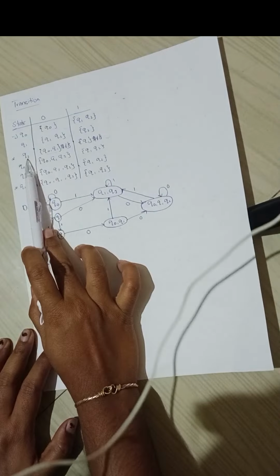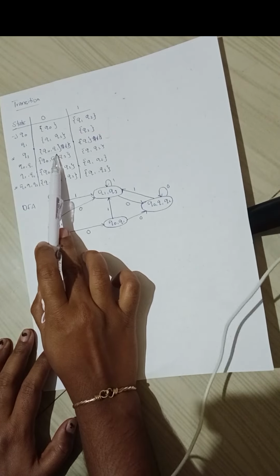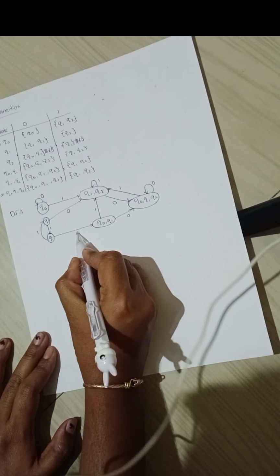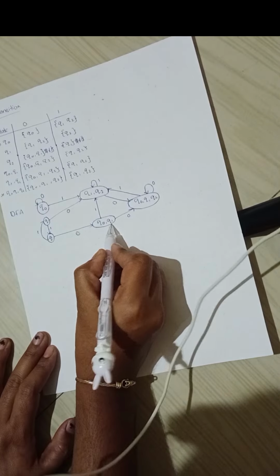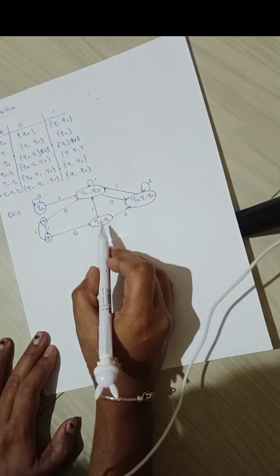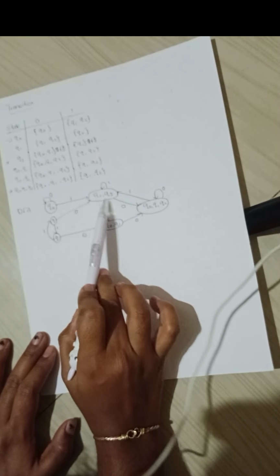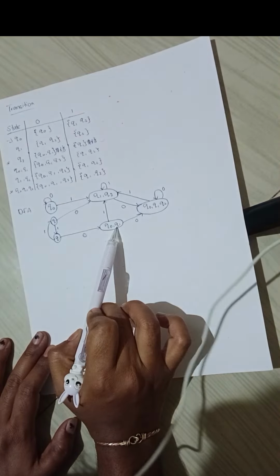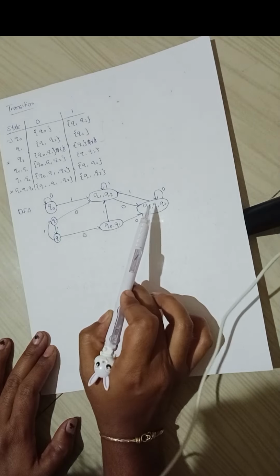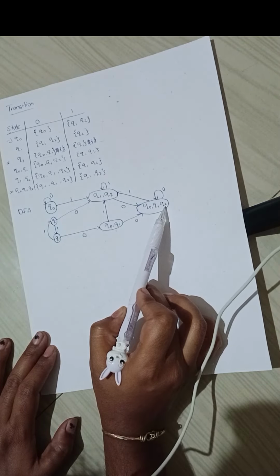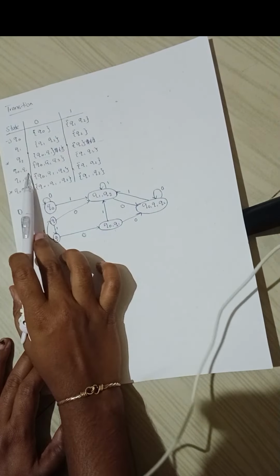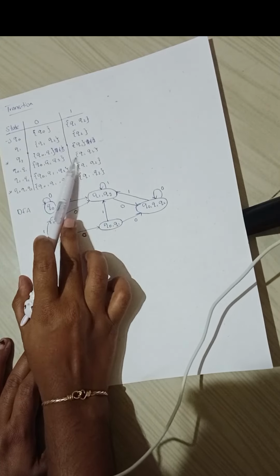Q2 is sending 0 to Q0 and Q1, and Q2 is sending 1 to Q1. And then Q0 and Q1 is sending 0 to Q0 and Q1 for Q2, and Q0 and Q1 is sending 1 to Q1 and Q2.